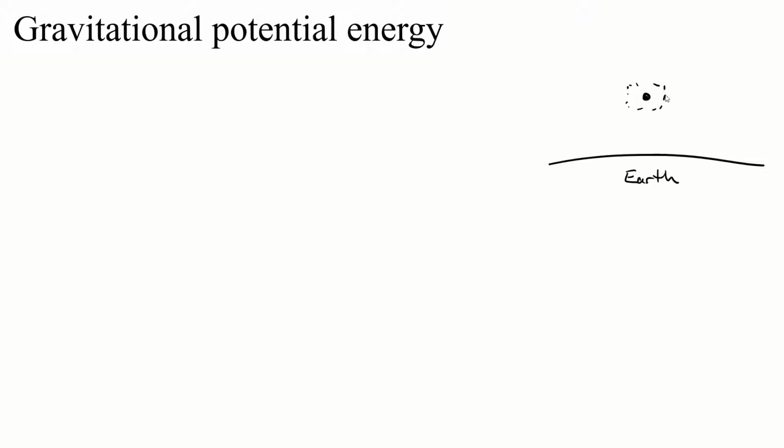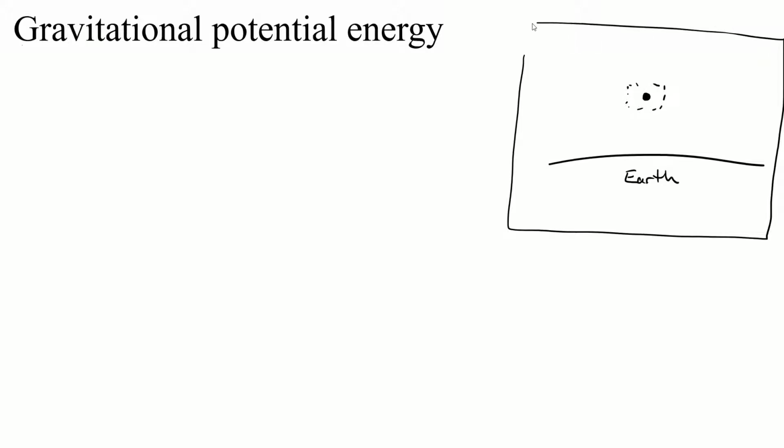But one of the things that will make our lives a lot easier, rather than considering all the work from various forces, is to consider that potential energy of the Earth. So what we need to do is define our system as including the Earth and our particle, right? So we have the force of gravity on our object pulling down. We also have this force of gravity on Earth pulling it up. Remember, there's that action-reaction pair.